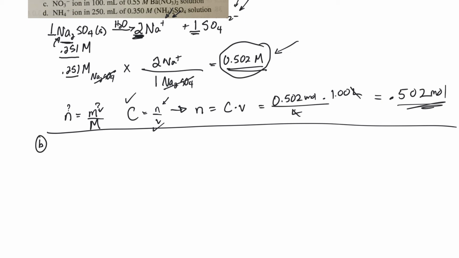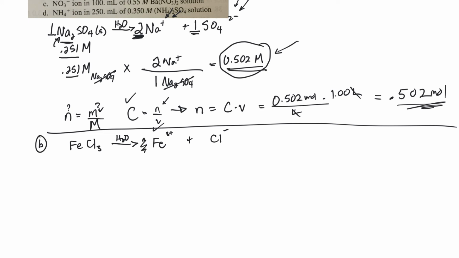Okay, first let's write a dissociation equation. I'm starting with iron chloride, FeCl3. If I dump that in water, it's not reacting with the water, it's just dissociating. So this will separate into iron 3 plus ions and chloride ions. To balance things, I need 3 of these.